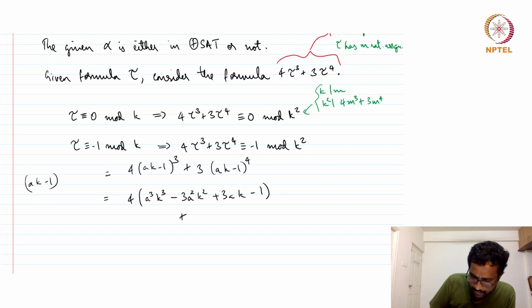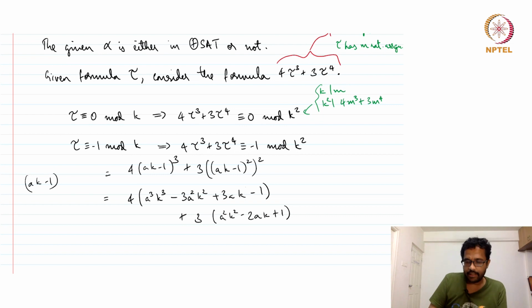For the second term, I'll write it a bit differently: (ak minus 1) to the power 4 as ((ak minus 1) squared) squared, where (ak minus 1) squared is a square k square minus 2 ak plus 1.